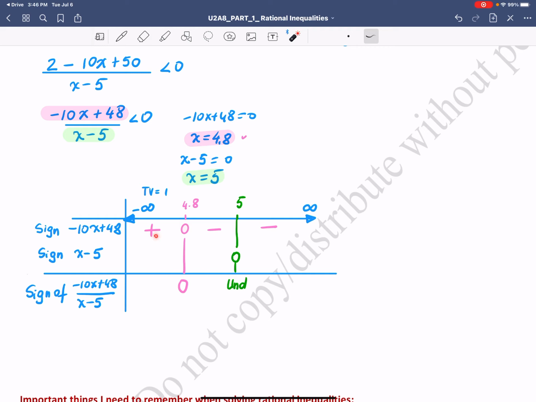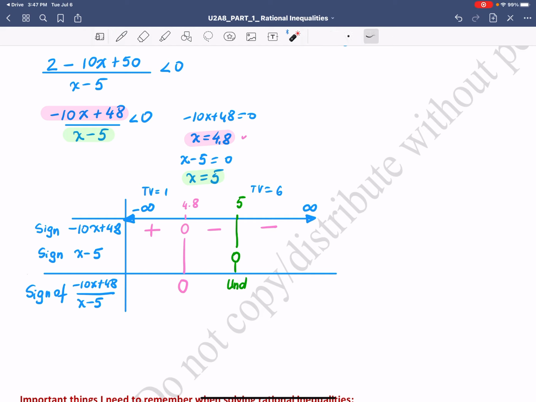So we have negative 10 times 1, negative 10, plus 48, 38, positive. And for any number more than 4.8, say for example a testing value of 6, negative 10 times 6 plus 48 gives negative 60 plus 48, a negative value.